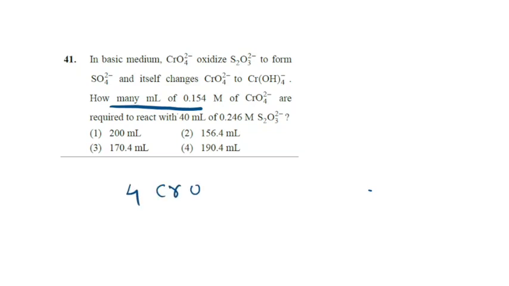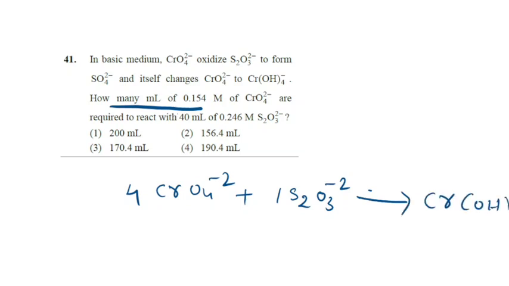So 4 CrO4 2- requires 1 mole of S2O3 2- to oxidize, so that chromium converts into Cr(OH)3, and here 2 SO4 2- ions form in the presence of a basic medium.